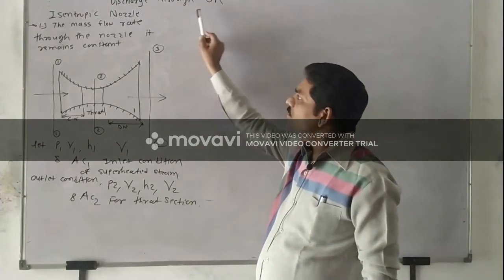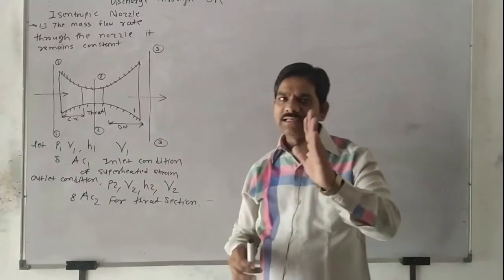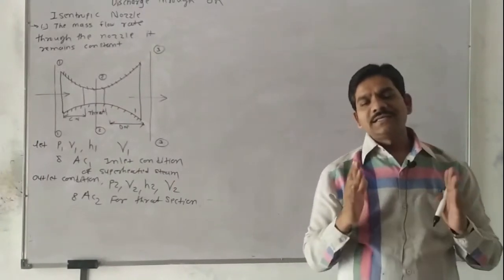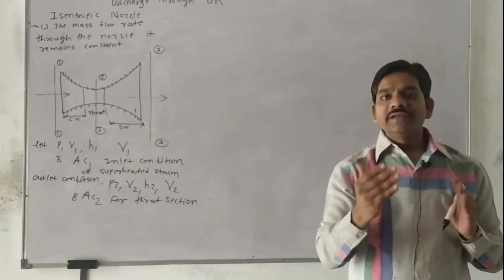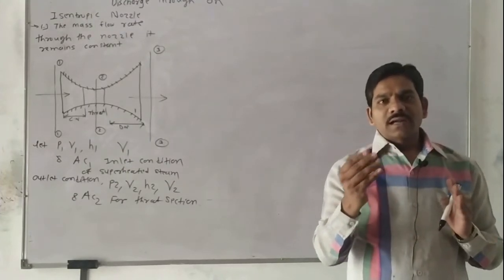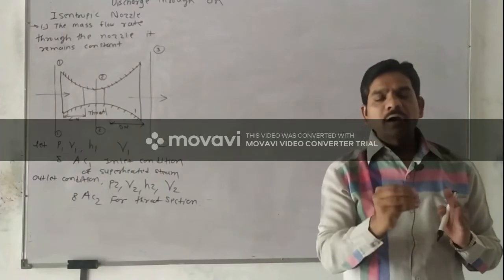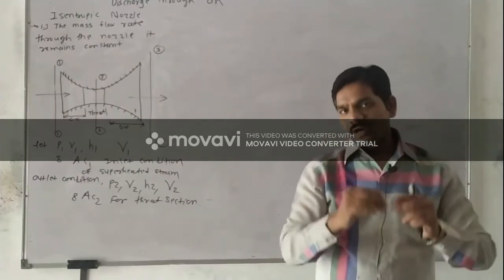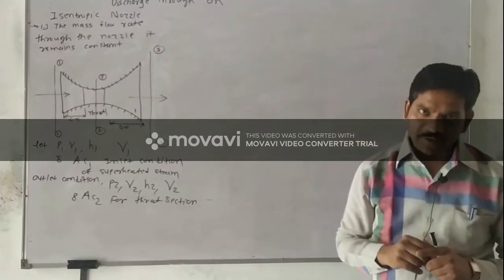Okay. So students, we know that the discharge through a nozzle is through isentropic nozzles. So what is the meaning of isentropic? Isentropic means the heat is not transferred to the nozzle, or the heat is not rejected from the nozzle to the surrounding. This is the meaning of isentropic.